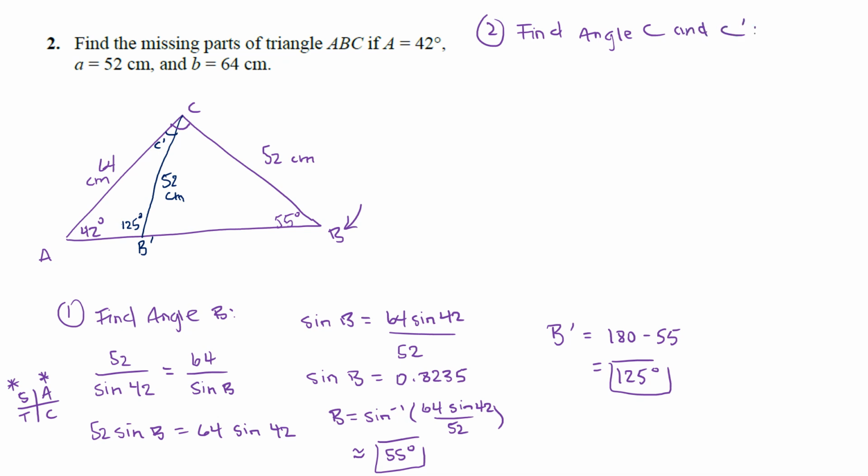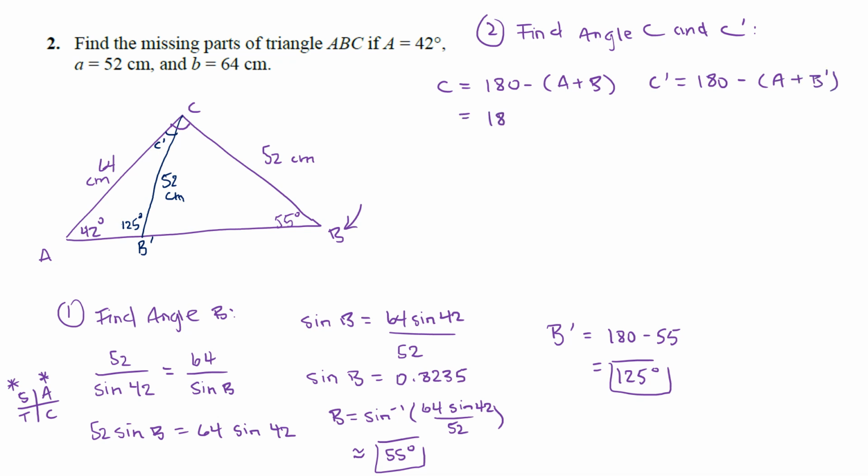Well, since we know A and since we know B, we can just use the triangle sum theorem to help us find C and C prime. So C will equal 180 degrees minus A plus B. C prime will equal 180 degrees minus A plus B prime, because that's the second triangle.